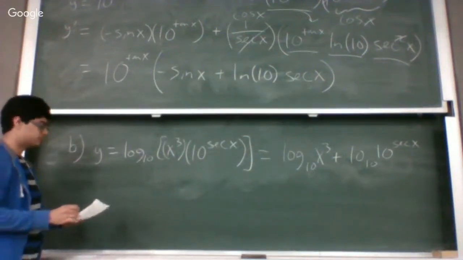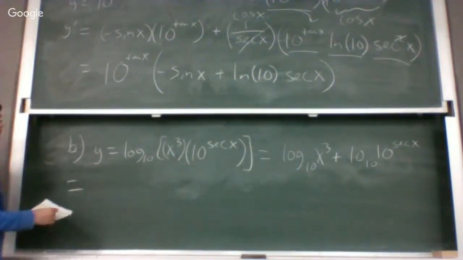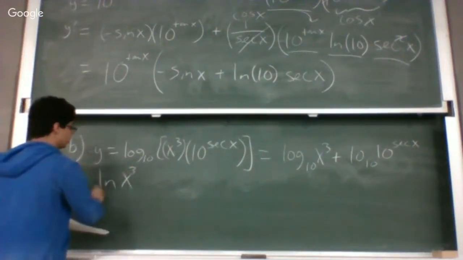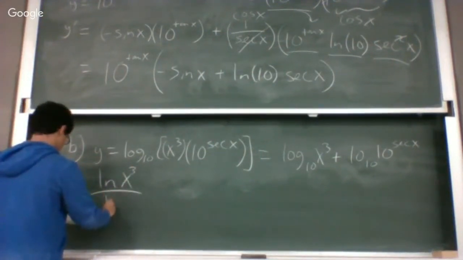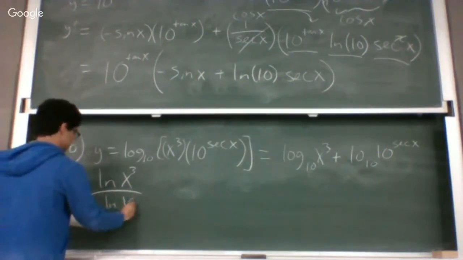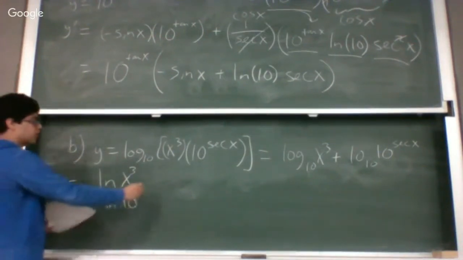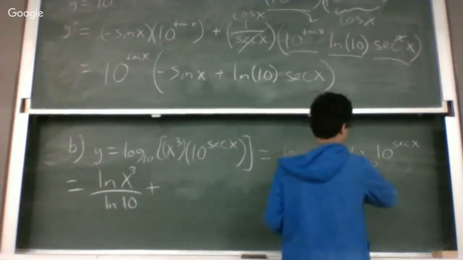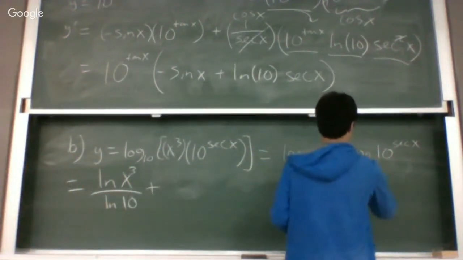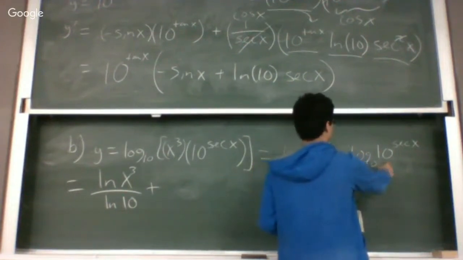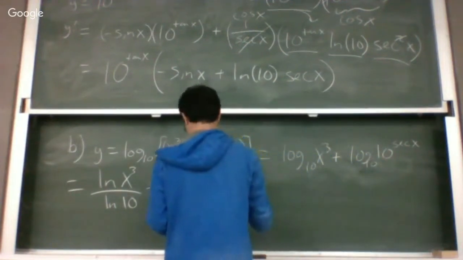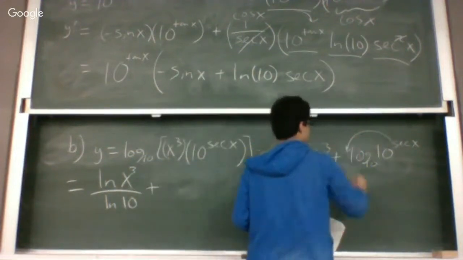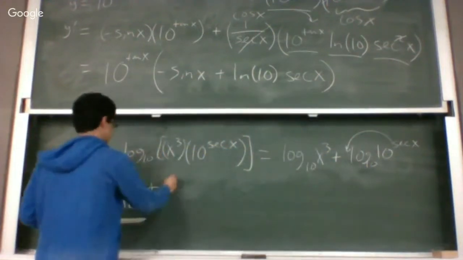The first part can be rewritten as natural log of x cubed over the natural log of 10. The second part, since this is log base 10 of 10, that equals 1, and we bring the secant of x down, so it's just secant of x.